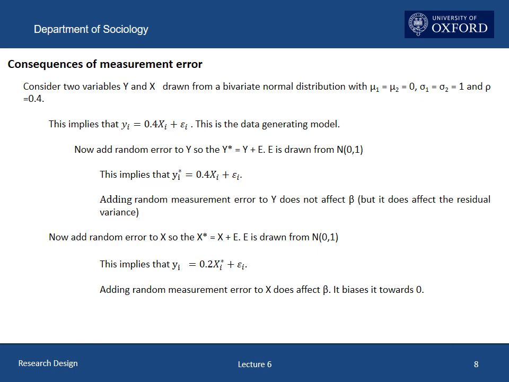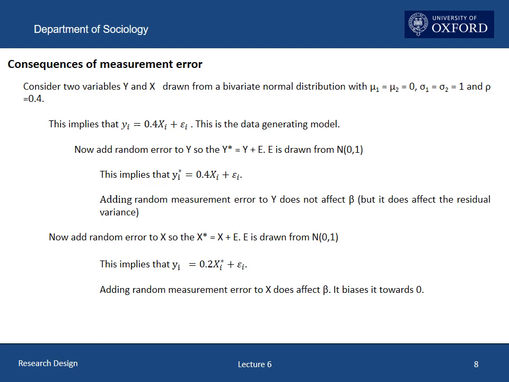It follows trivially in this case that the predicted value for an individual observation, lowercase yi, will be equal to 0.4 times xi, plus a residual error ei. Let's call this the data generating model. It represents the real, but usually unobserved process that we're interested in.